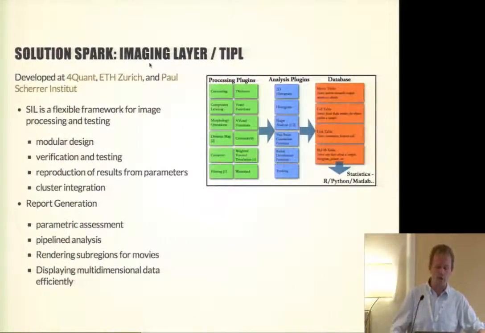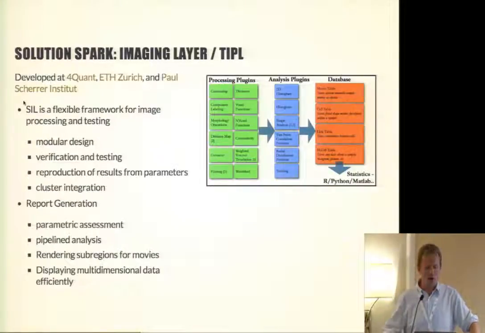So for the solution to these problems, we came up with a Spark imaging layer. It was developed at ETH Zurich and the Paul Scherrer Institute and 4Quant, and it's a flexible framework for image processing and testing.